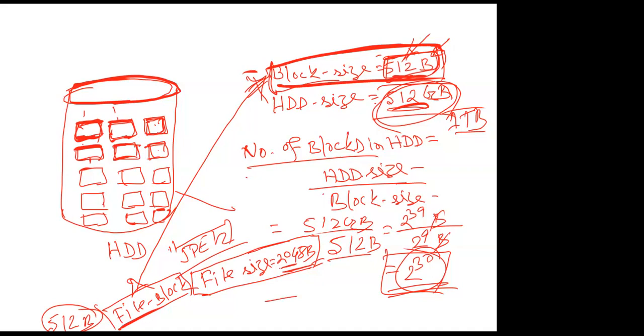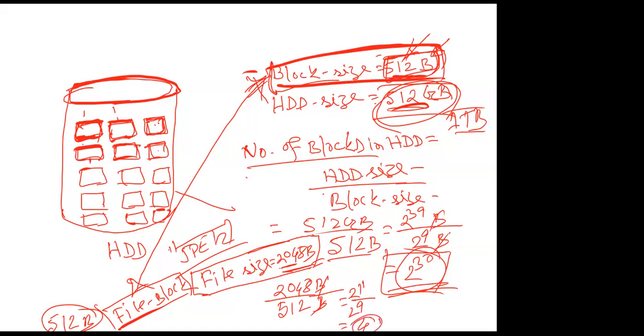Here is 2048, and you need to divide it by this file block, which is the same as the hard disk block. So byte cancels. This is 2 to the power 11, and this is 2 to the power 9. So you'll get 2 squared, which means 4. You'll get a total of 4 blocks.